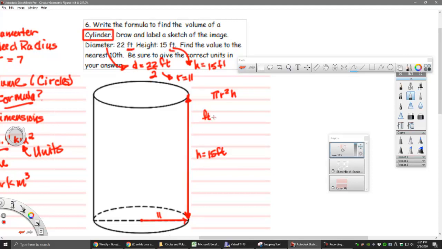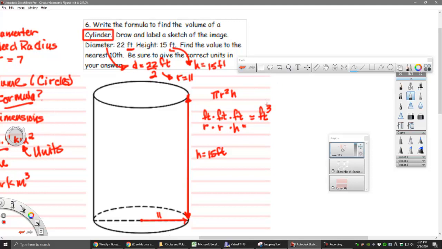So feet, there's 1 r. The other r is also feet. And then you have that 3rd dimension, that is h. So there's another feet for h. So that will give me feet cubed for that r squared times h. There's our third dimension. That's what gives us a volume.